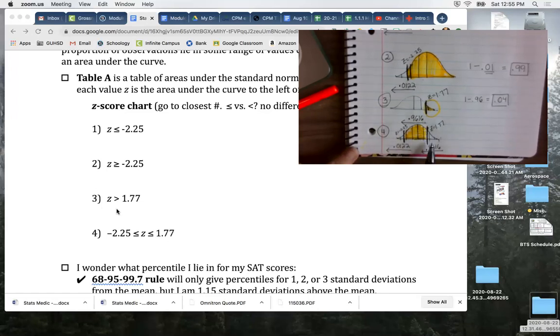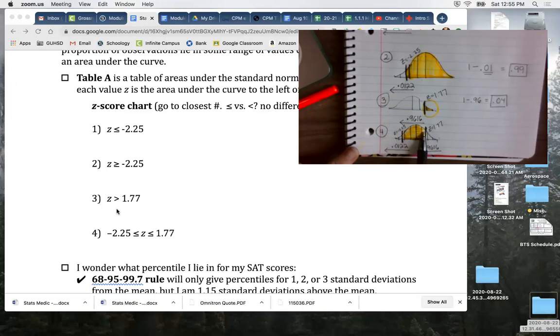Well, I know this one at 1.77, that's 96% all the way down. But I don't want all the way down. I want all the way down, but minus this part right here, right? All the way down is 96%, but I want all the way down minus this part. Well, that part we know. It's actually just this 1%.